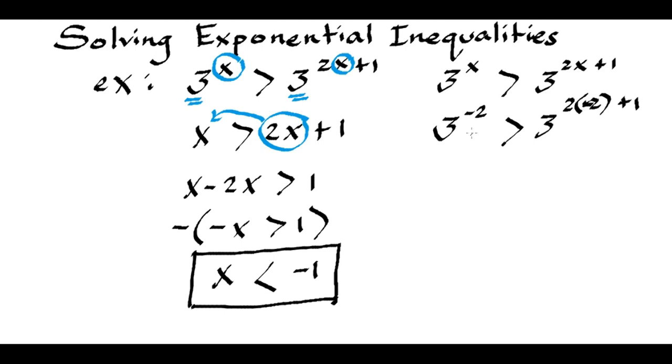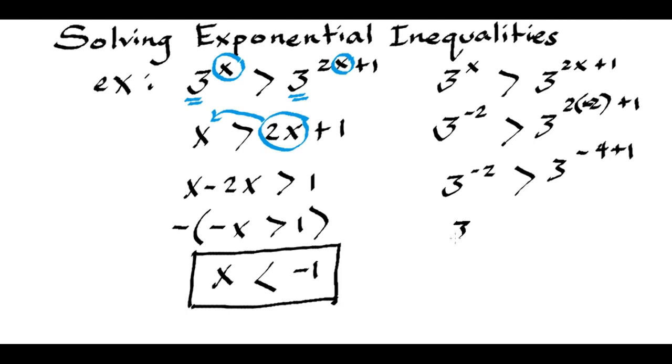So we have, solve muna tayo. So we have here 3 to the -2 is greater than 2 times -2, so that is 3 to the -4 plus 1.